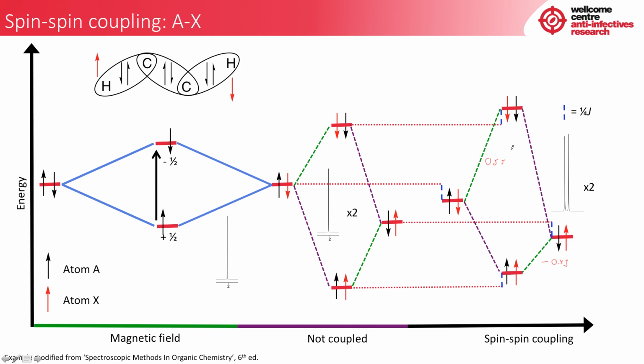So you will also end up with the J value as the difference between these two lines, and as a result, when we see your signal, it will also be a doublet, and it will have the same J value, and these are coupled. Okay.